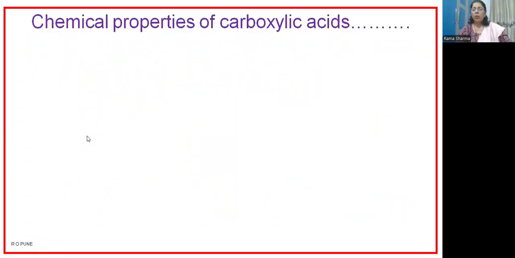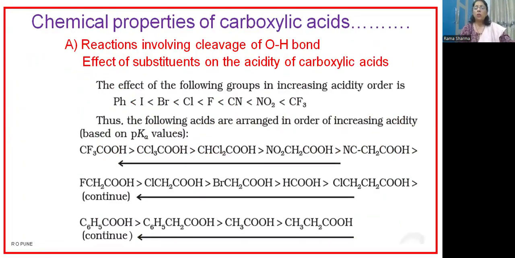That's why the different groups attached to the carbon chain affect the acidity of carboxylic acids. We must be aware of the Ka values and pKa values.